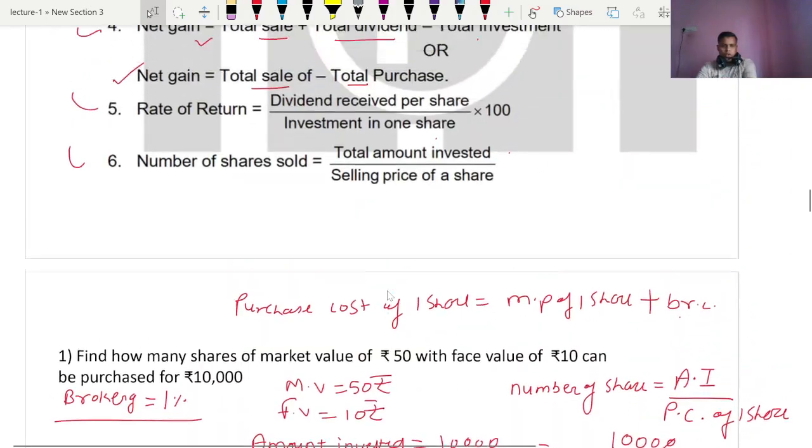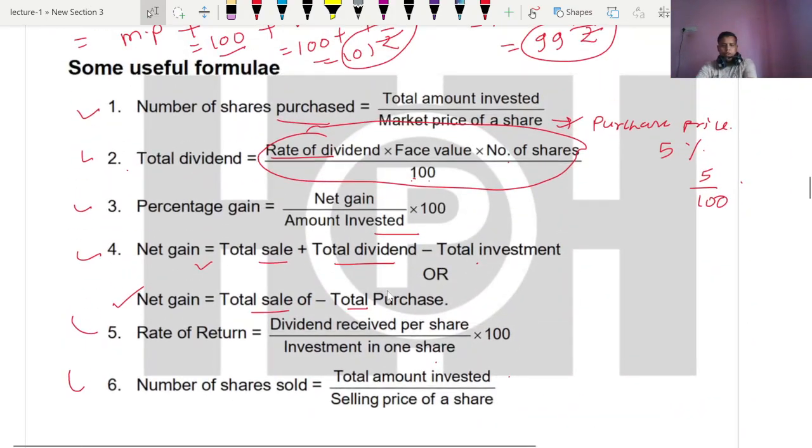Here we have a formula. Total dividend is equal to rate of dividend multiplied by face value multiplied by number of shares divided by 100. Till now we have done problems on the other formulas, and now we are doing a problem on this formula.